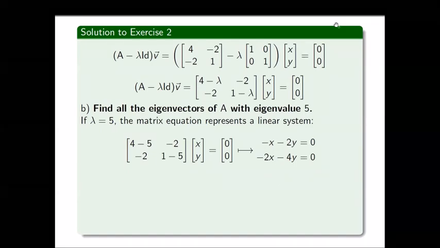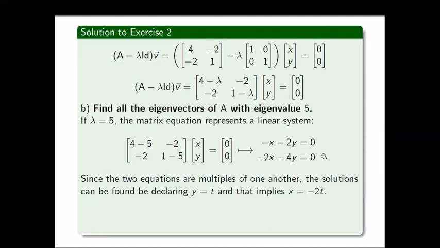Now, if our eigenvalue was 5, then we replace every instance of lambda with a 5, so we get 4 minus 5, minus 2, minus 2, 1 minus 5, and there is a linear system corresponding to this matrix equation given by minus x minus 2y equal to 0 and minus 2x minus 4y equal to 0.